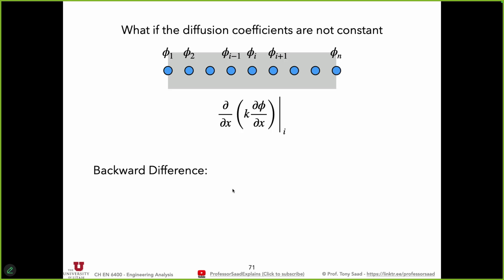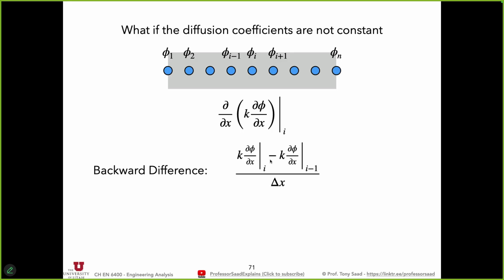So if we start with the backward difference, that's the outside derivative, it should be k d phi by dx at I minus k d phi by dx at I minus 1. So k d phi by dx at I is k at I times d phi by dx at I. And k d phi by dx at I minus 1 is k I minus 1 times d phi by dx at I minus 1.